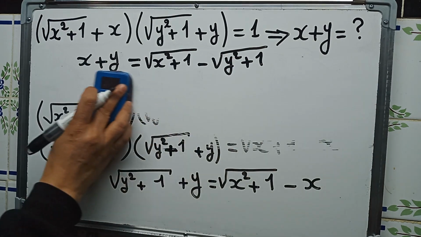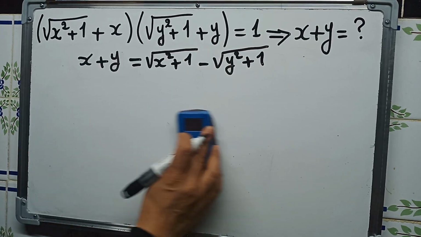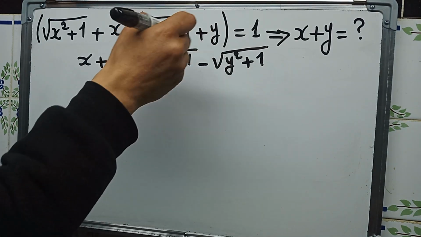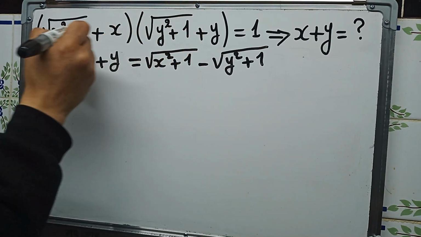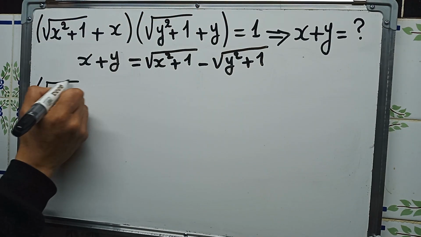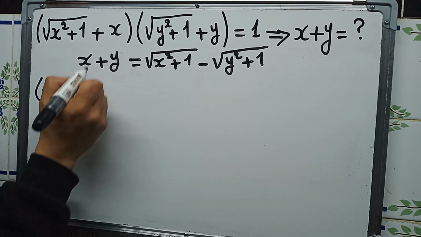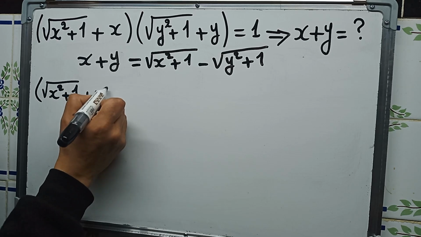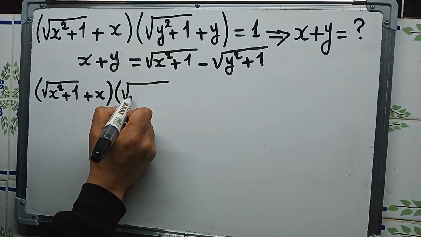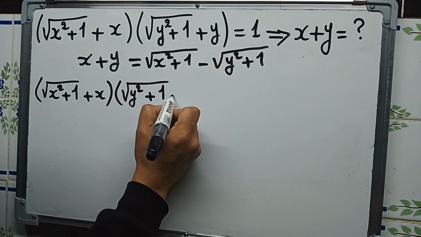And now we will do the same thing for the other term. So we multiply by the conjugate of this number. So we start with the same equation. We have square root of x squared plus 1 plus x times square root of y squared plus 1 plus y.